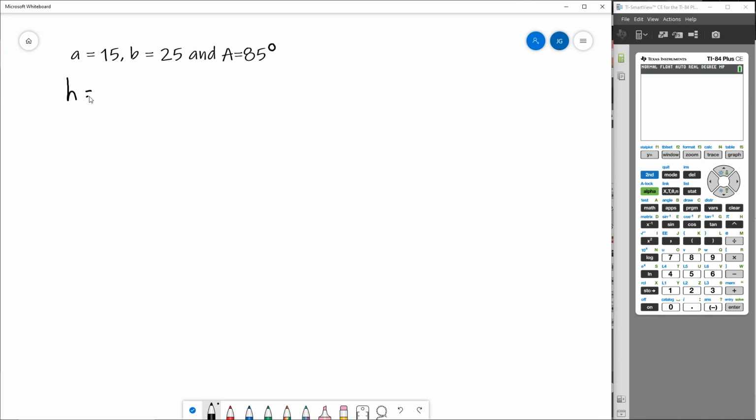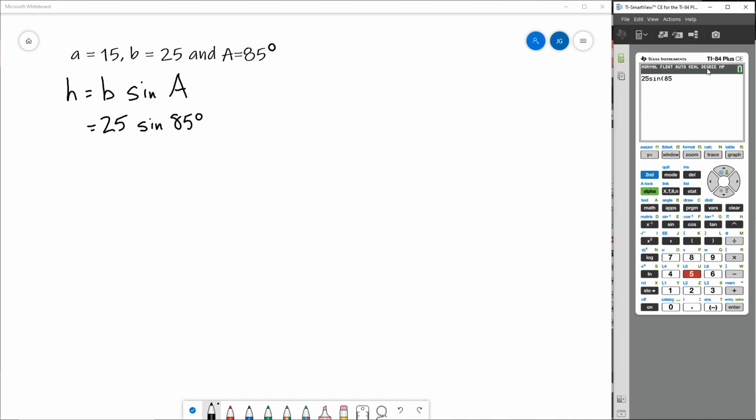In this case, I have to remember H is equal to B sine of angle A. So it's going to be 25 times the sine of 85 degrees. I'm going to plug that into my calculator over here: 25, plugging in the sine of 85.